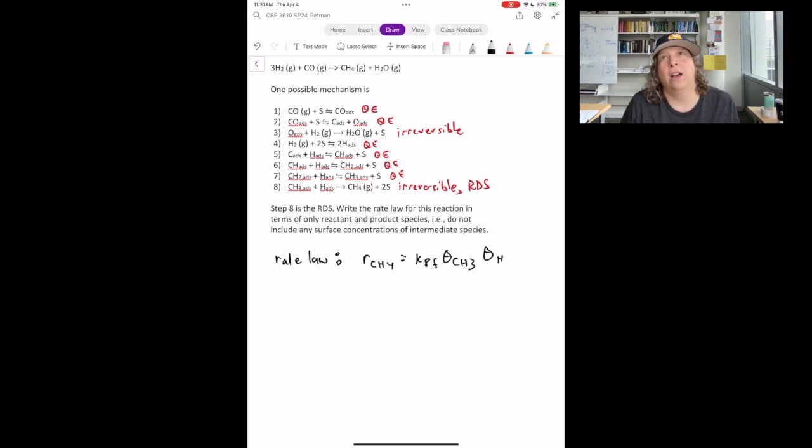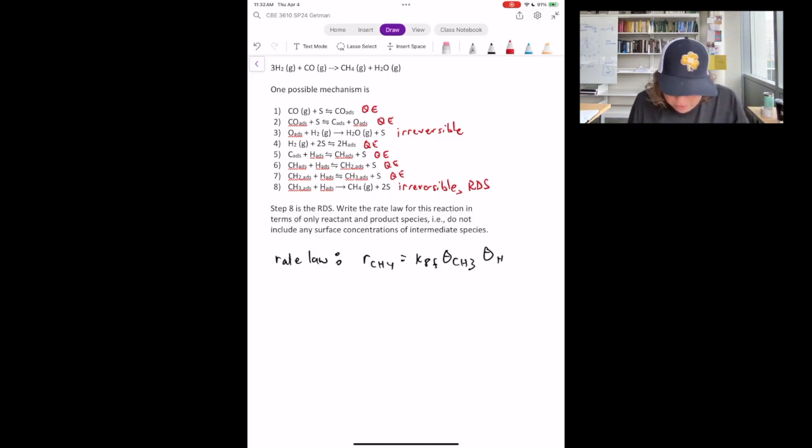What those variables denote are the number of adsorbed species either per metal site on the catalyst, or catalytic site, or per surface area. So it's either an amount per surface area or an amount per catalyst site. Usually the number of catalyst sites per area is known, so those 2 quantities are identical, or at least relatable by a constant. But you can think of the thetas as being surface concentrations.